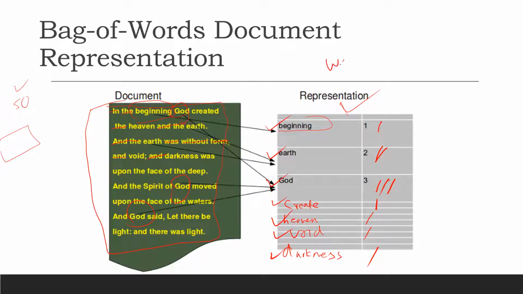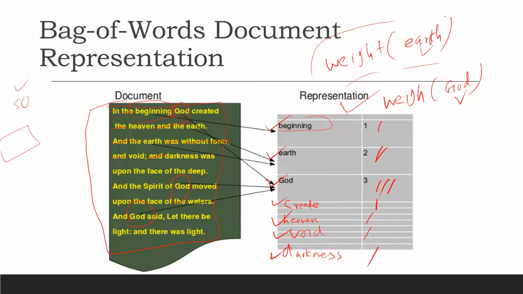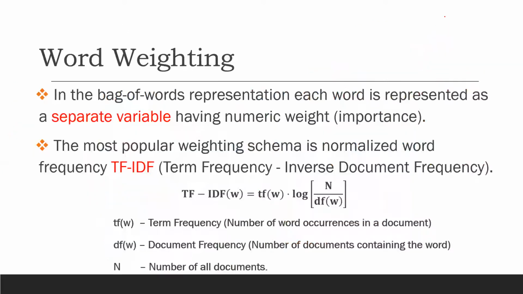Let's say we need to find the weight of Earth. It means how many times this word is located in the documents. Similarly, sometimes we need to find the weight of God, so it's a different variable. It means each word has different weights in the document.